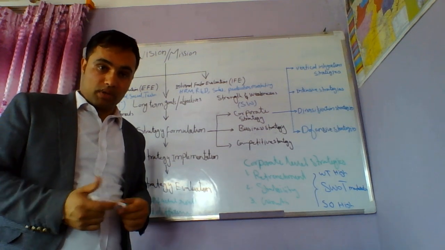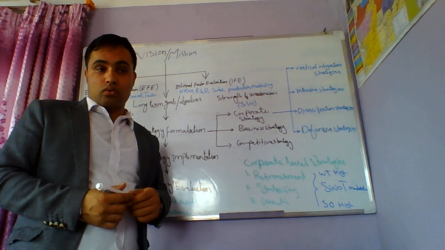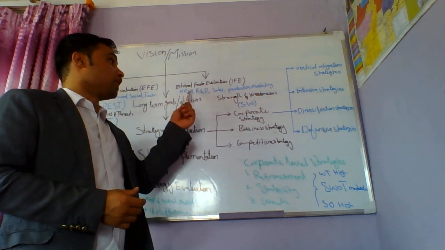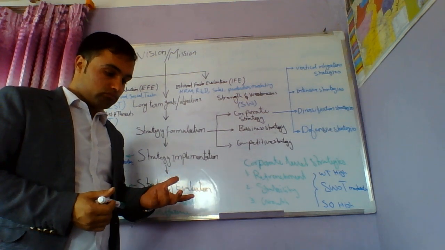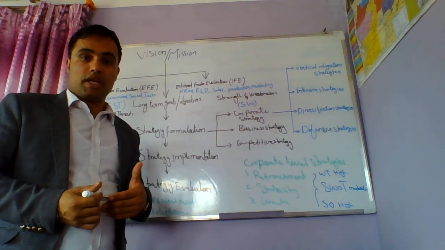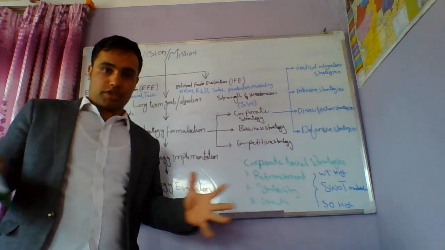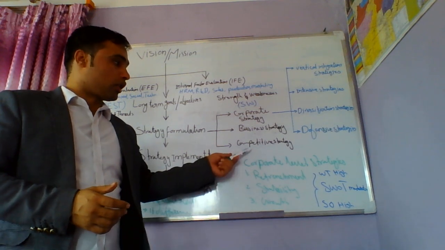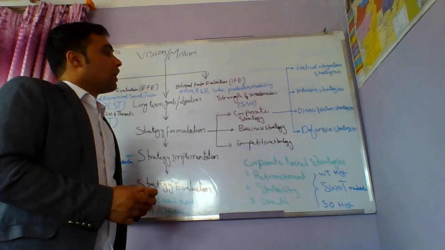The competitive strategies include the functional strategies, like the strategy for human resources, the strategy for development, the strategy for sales, the strategy for marketing. So all the functional strategies come under the competitive strategies for the competition in the market.